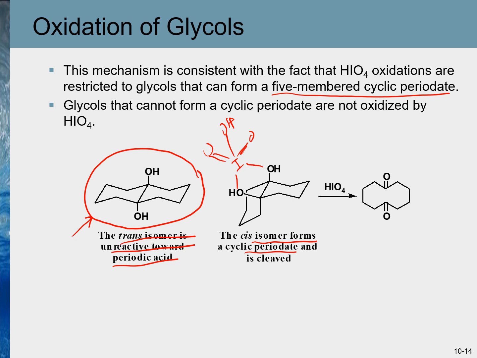So hence this cis isomer is active and it will be oxidized with periodic acid, and it will form this cyclic carbonyl compound. So in conclusion, we can say that periodic acid will only oxidize those glycols in which hydroxy groups are cis to each other. Periodic acid will not oxidize trans glycols.